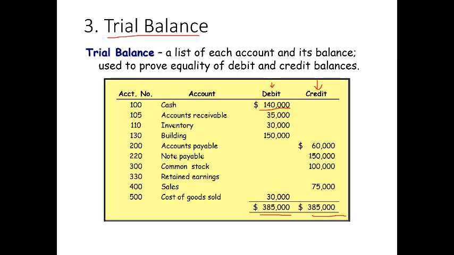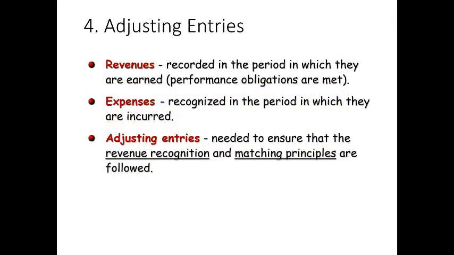All right, so trial balance. The next step in the process is booking adjusting entries. So we're going to spend most of our class today on adjusting entries. Adjusting entries are entries made to ensure that we are recording things in accordance with accrual accounting.